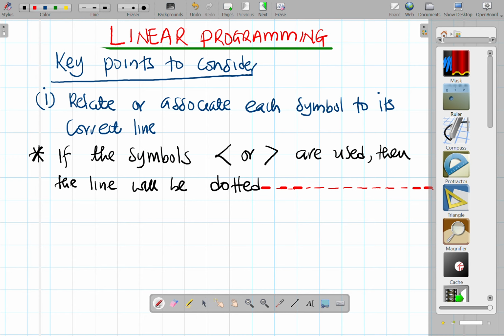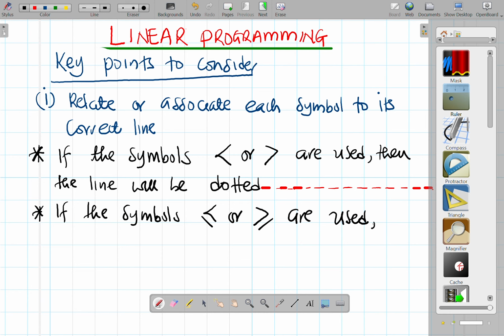Now, if the symbols equal to, greater than or equal to, or less than or equal to are used, then the line will be solid, like so.